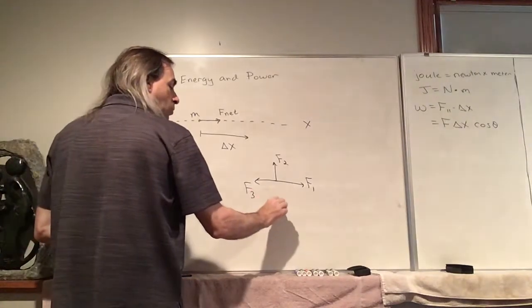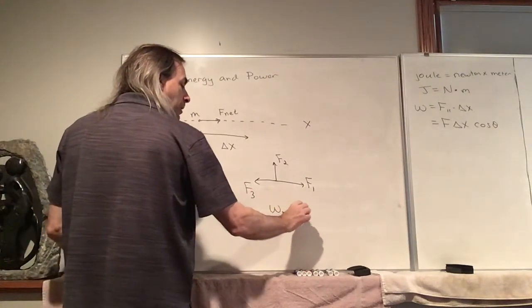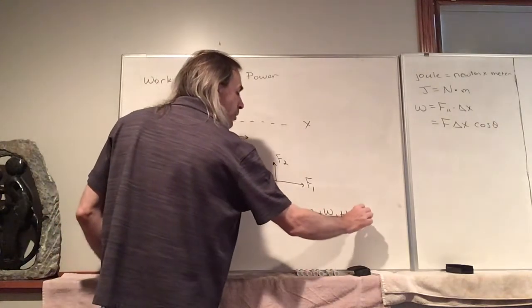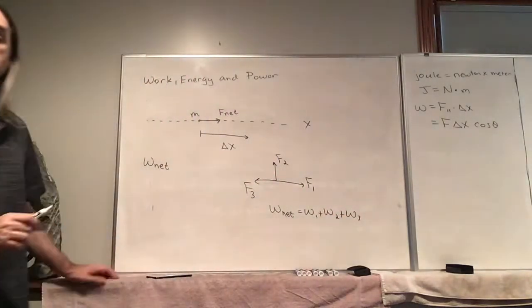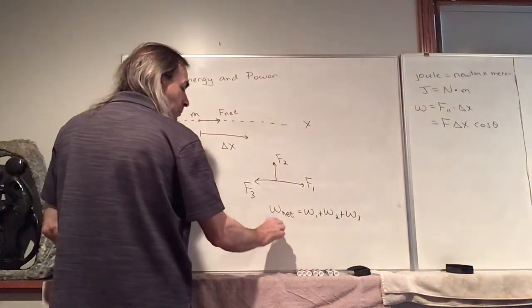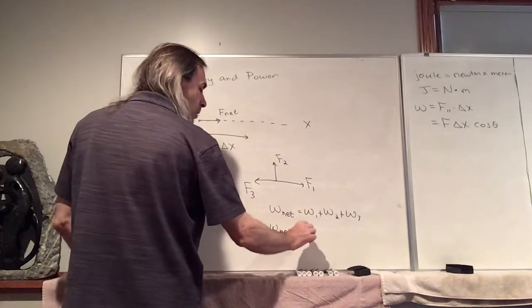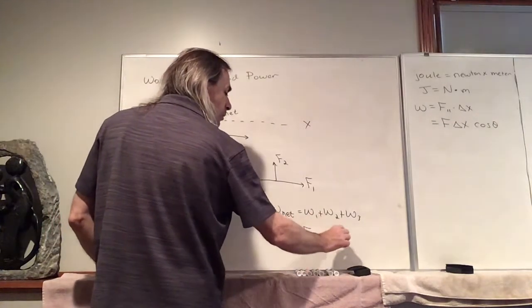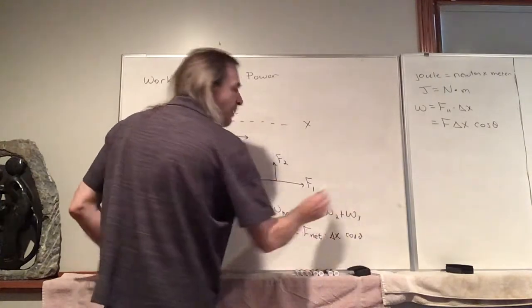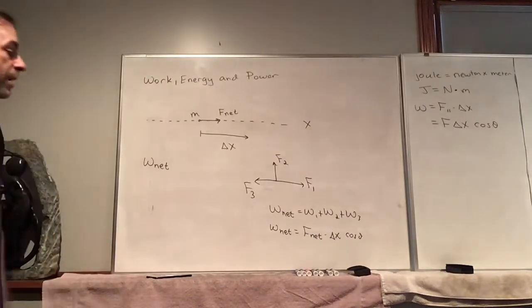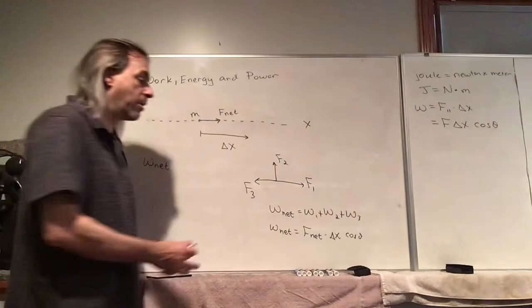So we can say the net work would be W1 plus W2 plus W3. Another way you could calculate the net work would be to just take the net force, and then you have a single force, and you just apply this definition. Either way, you get the same result.